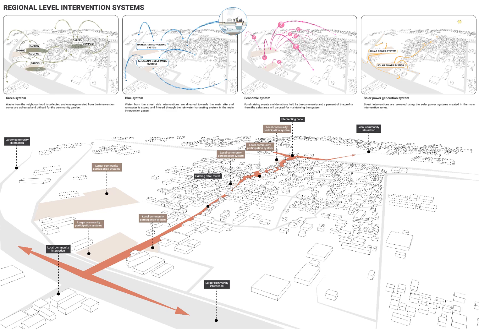In order to have a sustainable and self reliant development, I introduced green systems, blue systems, economic systems, and also a solar power generation system such that it reduces the strain on the government.